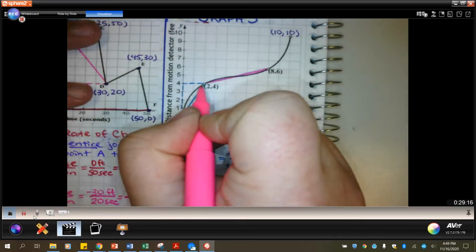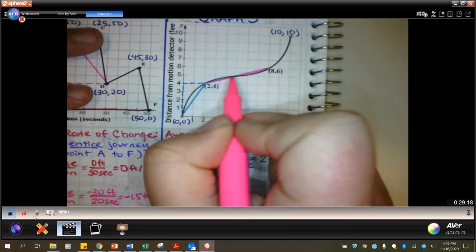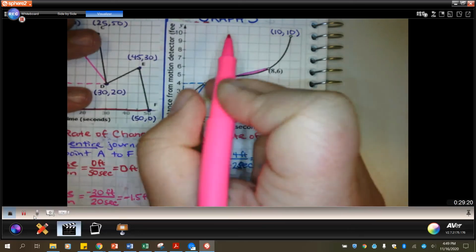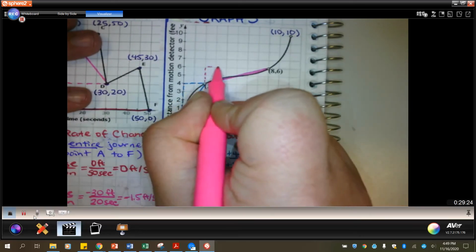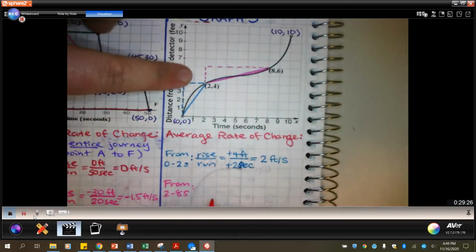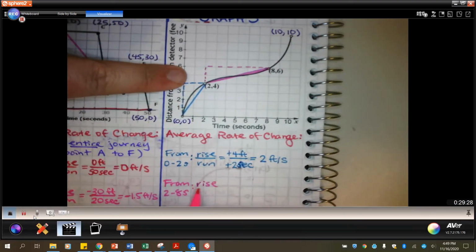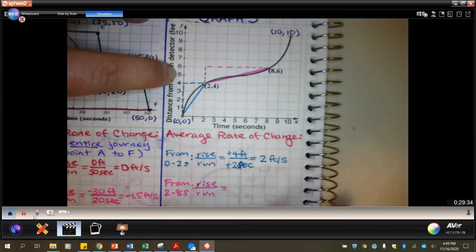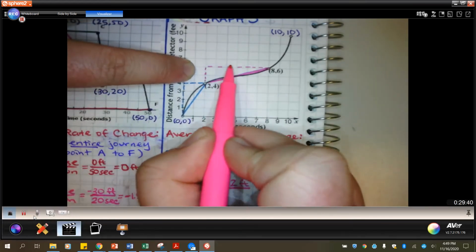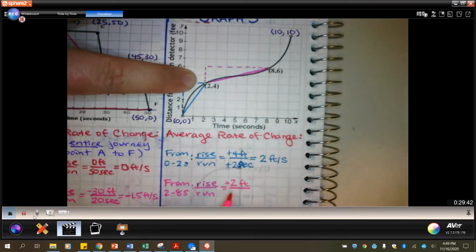And it is a lot less steep than that first one, isn't it? So we're going to go up and over, and that's rise over run. We're actually only going up 2, from 4 feet to 6 feet. So that's plus 2 feet, and over, 1, 2, 3, 4, 5, 6.